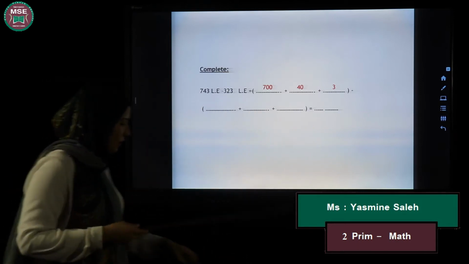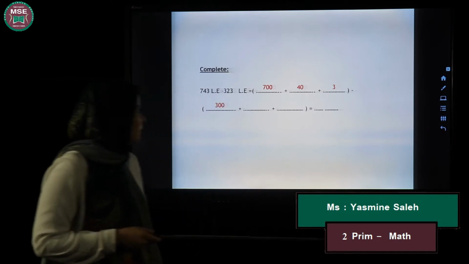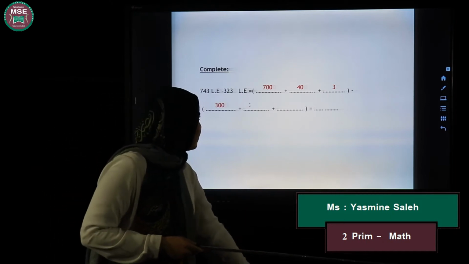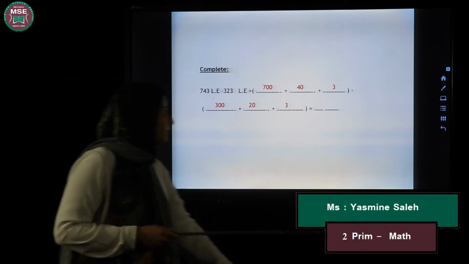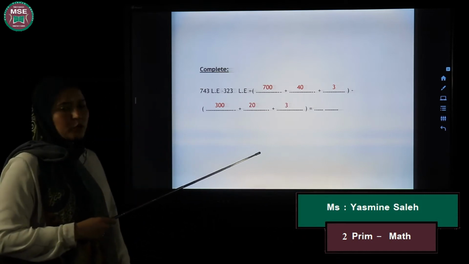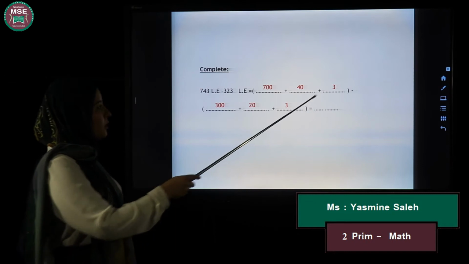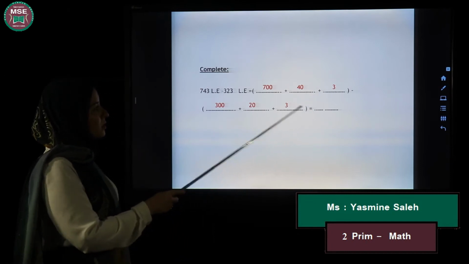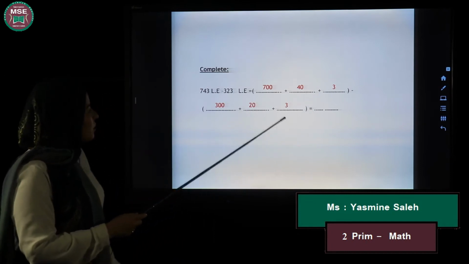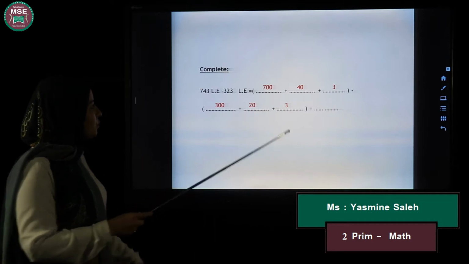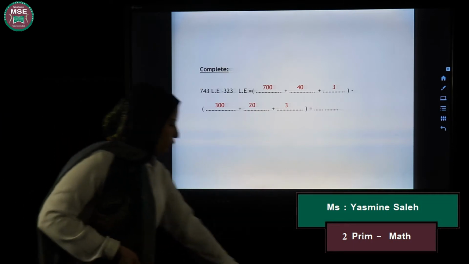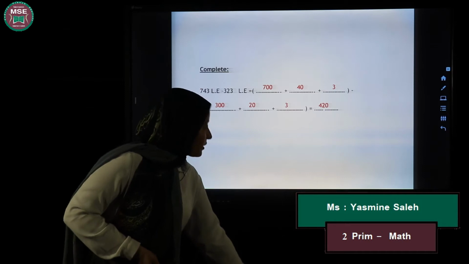I will start by the hundreds. I have 300, 20 and 3. Now I want to subtract them. I will start by the unit. 3 minus 3 is 0, and 4 minus 2 is 2, and 7 minus 3 will be 4, so the total is 420.